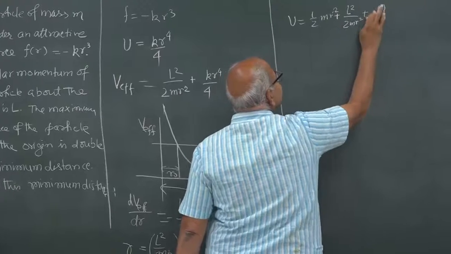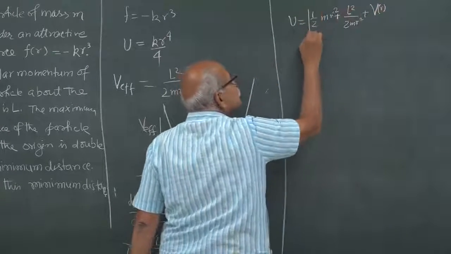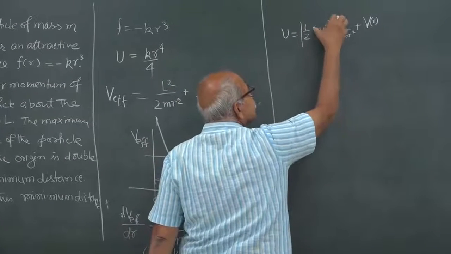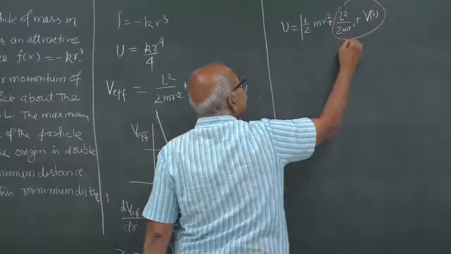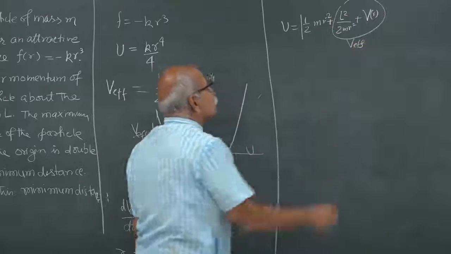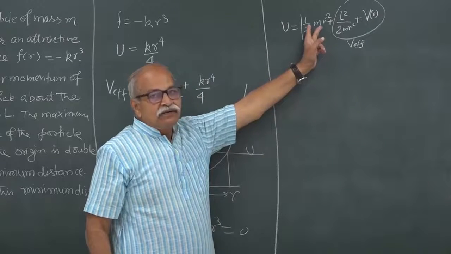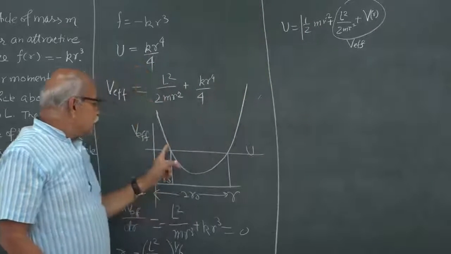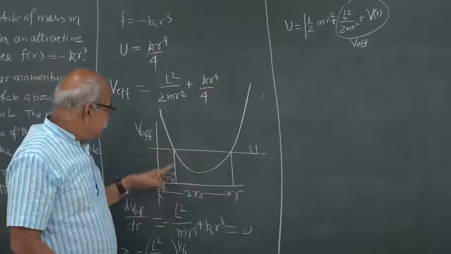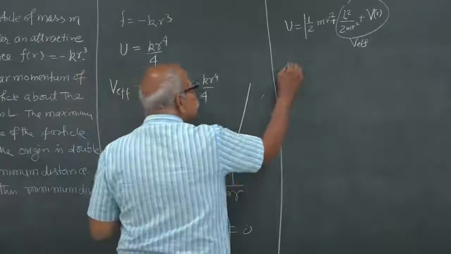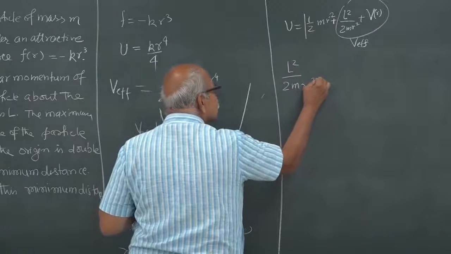So, this is the kinetic energy and this is the potential energy, but then we combine these two and write this as V effective. So, the total energy is the effective potential energy plus half m r dot square. Here r dot is 0 and E is the same as V effective. That means V effective at r naught is L square by 2 m r naught square.